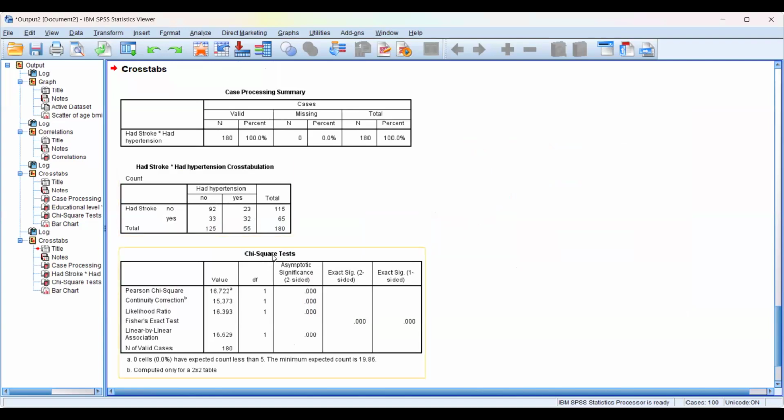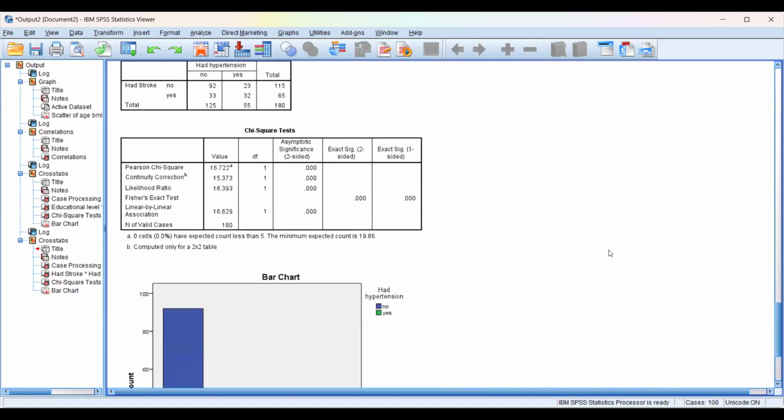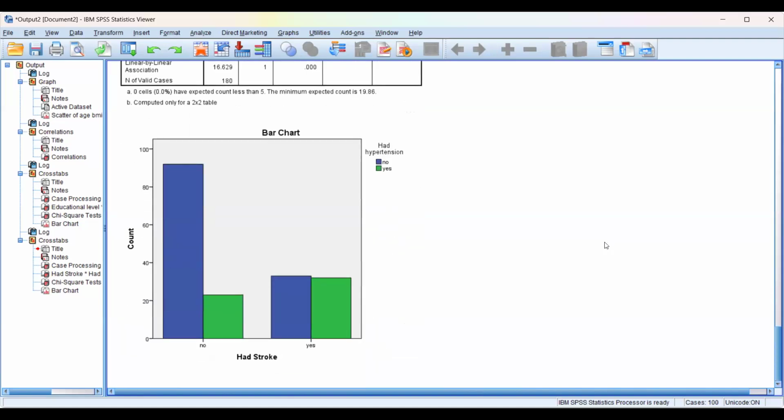And if you look at this particular analysis, you can see our Pearson chi-square. The p-value is 0.00, very significant. That shows that there is actually a relationship between hypertension and stroke. That's how we interpret that. There's a relationship between hypertension and stroke. And if you look at our bar chart, that is what we have there.